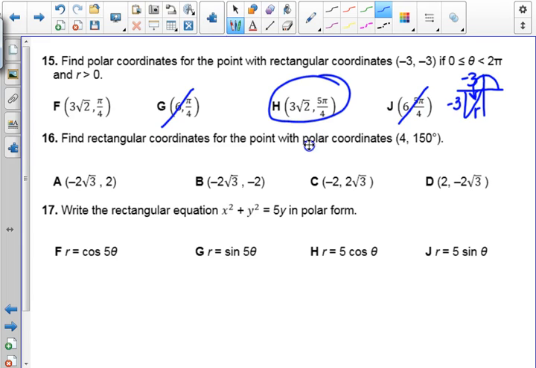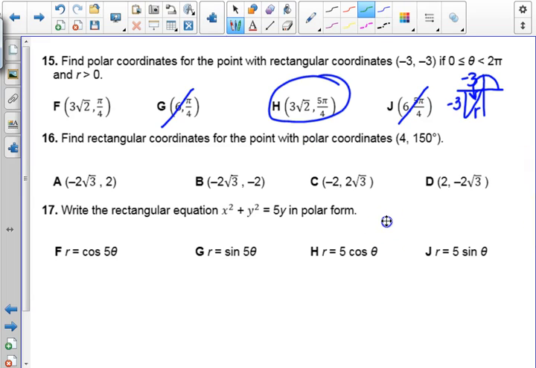If you did it on your calculator and you did inverse tangent of -3 over -3, you got an ugly decimal, right? And if you typed it in, it would have been equivalent to F. But that's not in the right quadrant for us to be at negative. So you would have had to add pi to that answer and then type it in. All right. Process of elimination is a better choice on that one.